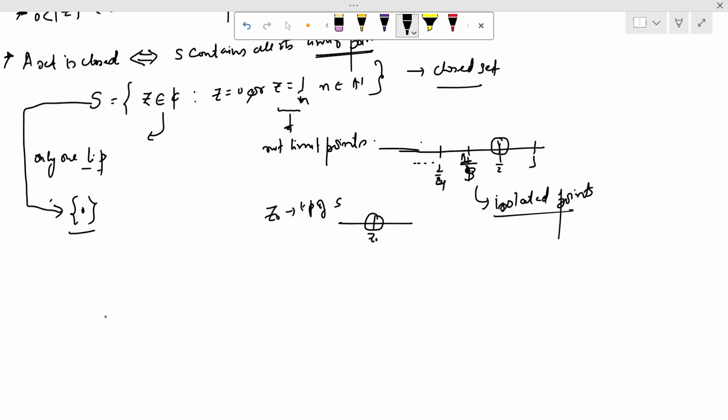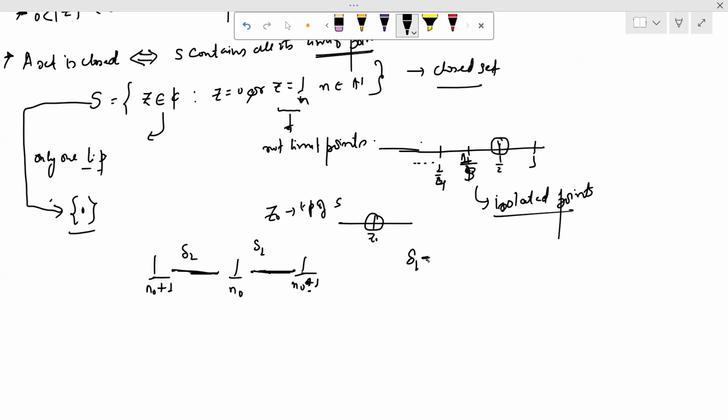That's not the case here. Let's say I take 1 upon n naught, and in general I take 1 upon n naught plus 1. I can always make a distance. Let's say I take this point here and this point here. In general, let's say this distance is del 1 and this distance is del 2.